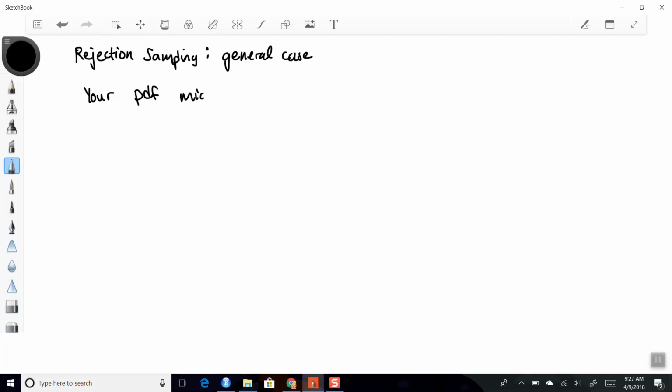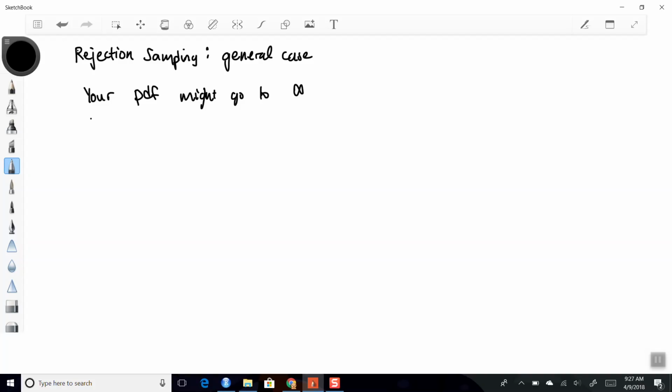If that's the case, you can't have a uniform distribution that's infinite, right? Because then your f of x would be 1 over infinity. That's not possible, right?